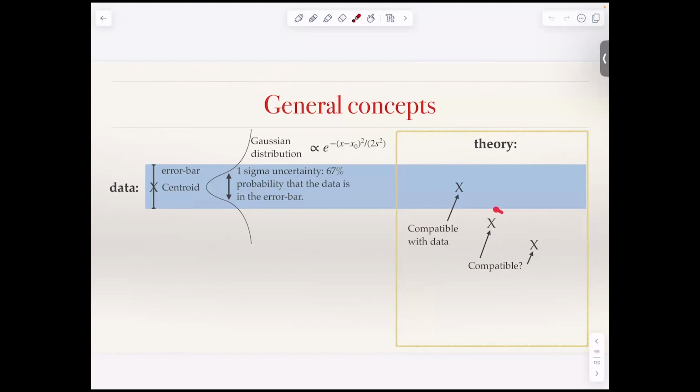Now the question is, you have points here that are out of the experimental uncertainty. So can you say anything about it if the theoretician does not provide you any uncertainty in their prediction? Can you say that this point is better than this one, for instance?